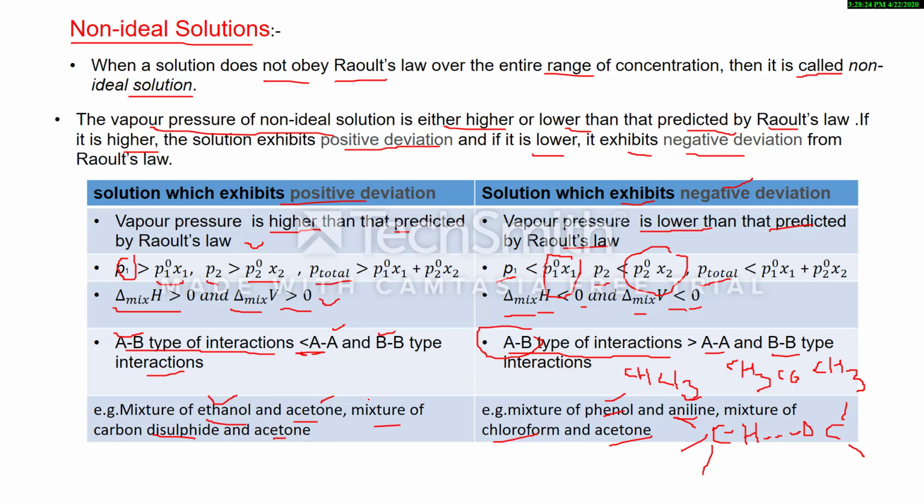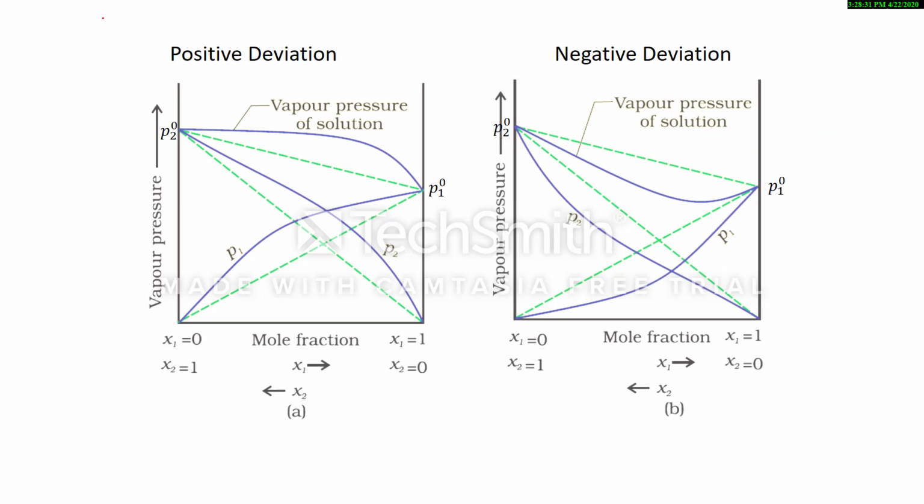So this is about positive deviation and negative deviation. Mathematically, graphically, we can represent these two like this. So this is positive deviation. This dotted green line represents the ideal solution. This is the vapor pressure for the ideal solution, component 1. This is for component 2.